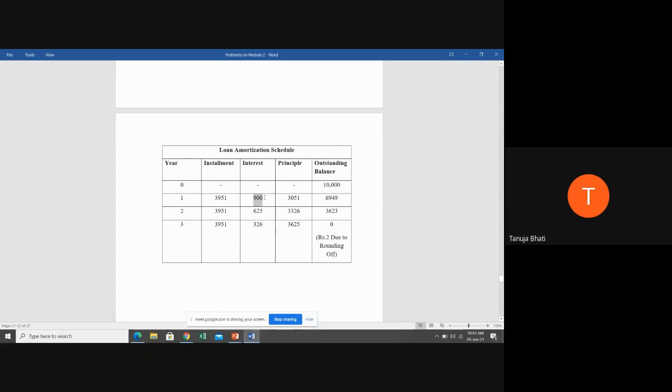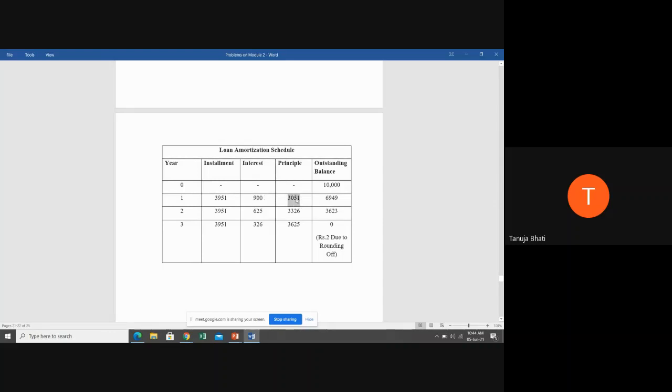Now, in the case of interest, principal, and outstanding balance, you cannot solve everything for all 3 years together. You will have to solve it year-wise. So first, we have got the interest amount as 900. Now, what is going to be the principal amount, students? From 3,951, whatever payment we are making, if 900 is towards interest, what will be towards the principal?